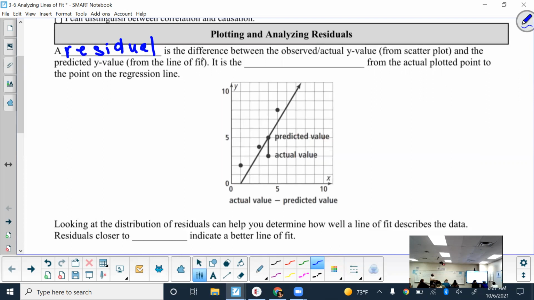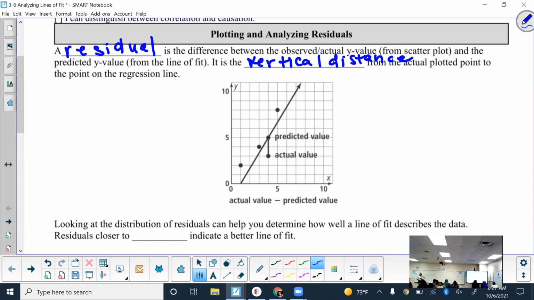It is the vertical distance from the actual plotted point to the point on the regression line.